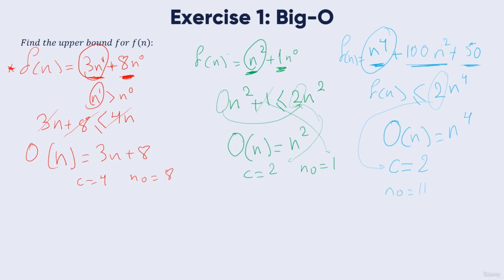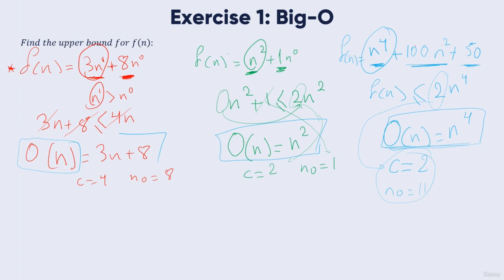Now, we don't care about these constants and n0s, because all our concentration is on O of n. I need you to understand how to get O of n for every function. This is the complexity. This is the big O notation.